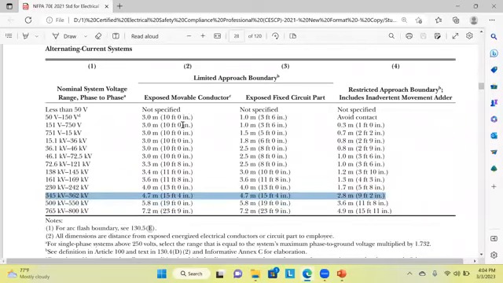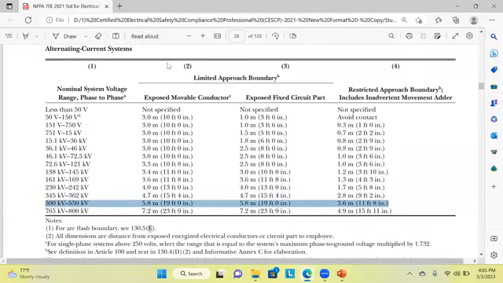So we have to keep approximately 15 feet and 4 inches away from the maximum beam of those operating machines. If it is operating at 400 kV, 400 kV is not there, so we will use this one. So what should be the limited approach boundary? The limited approach boundary should be 19 feet and 0 inches.